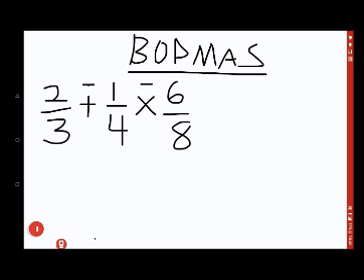So 3 goes into 48 is 16. 16 times 2 is 32. Plus, the next thing is 16 into 48 is 3. 3 times 3 is 9. So we continue. 32 plus 9 is 41 for the numerator, and the denominator will remain 48. That is for this calculation.